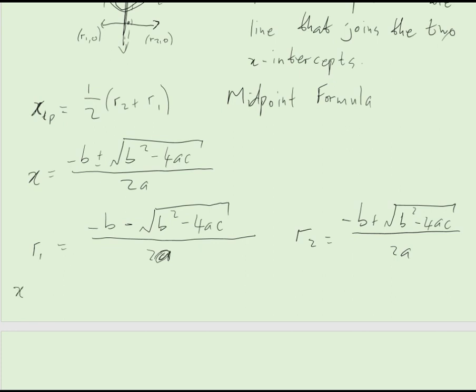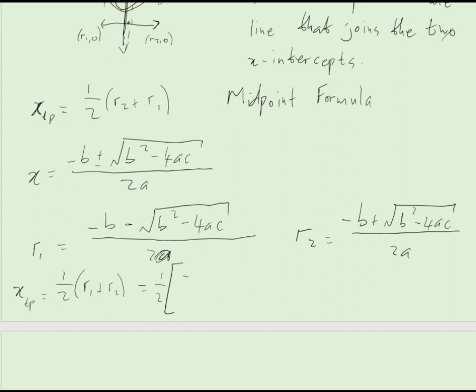So I'm going to again just say xtp for turning point. It's going to be half of R1 plus R2. And if we plug this in, I'm going to make square brackets here.